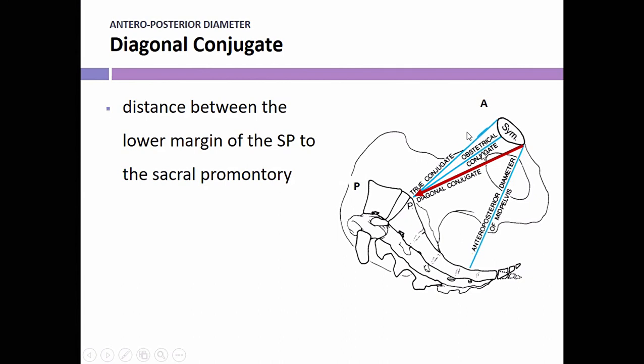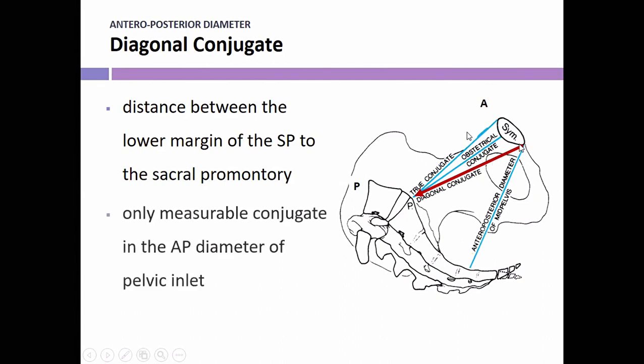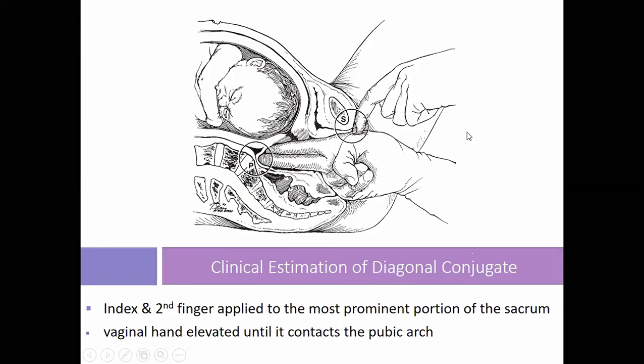And among the three conjugates of the pelvic inlet, this is the only clinically measurable AP diameter of the pelvic inlet. And how is it done? So when you examine a patient, clinical estimation of the diagonal conjugate. So this is the symphysis pubis. This is the sacral promontory.